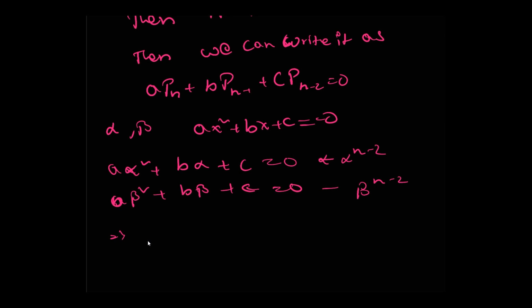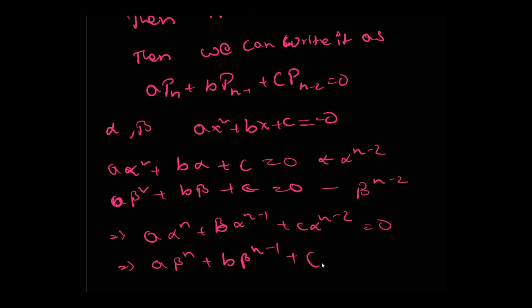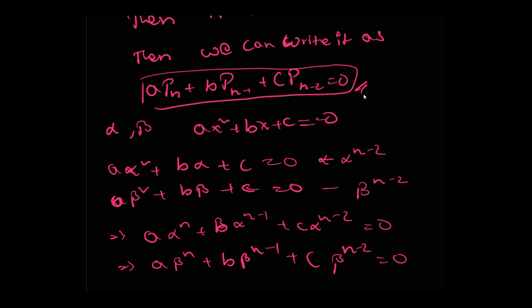Now we get a alpha power n plus b alpha power n minus 1 plus c alpha power n minus 2 equals to 0, and a beta power n plus b beta power n minus 1 plus c beta power n minus 2 equals to 0. Now simply add both of them to get this equation.